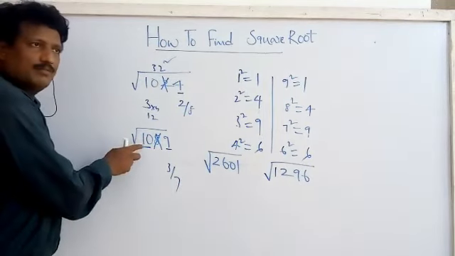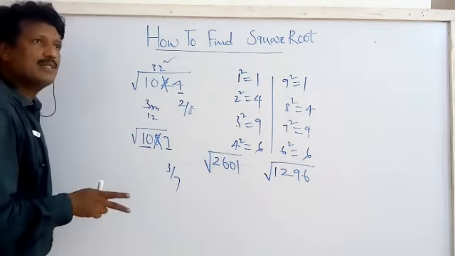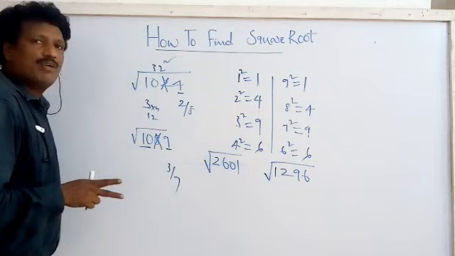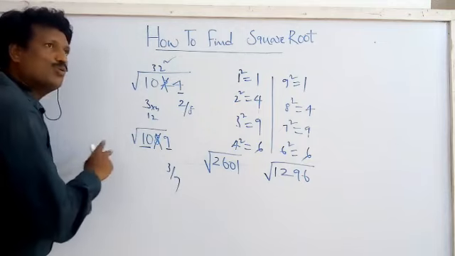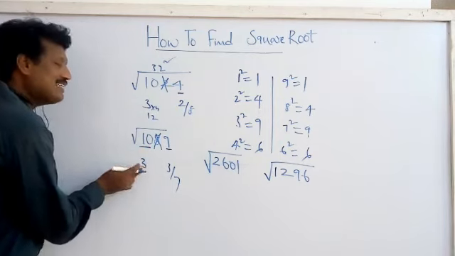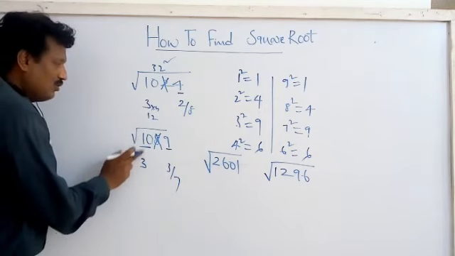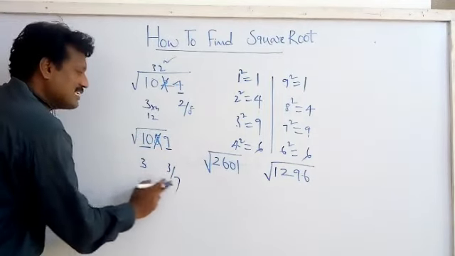2 5s are 10, somebody thinks, but it's absolutely wrong. 2 5s are 10 means those are 2 different numbers. So you multiply the same numbers: 1 1s are 1, 2 2s are 4, 3 3s are 9, like that. So 3 3s are 9, which is nearer to 10. So the square root of 1089 is either 33 square or 37 square.